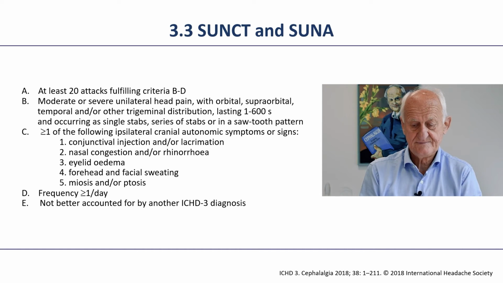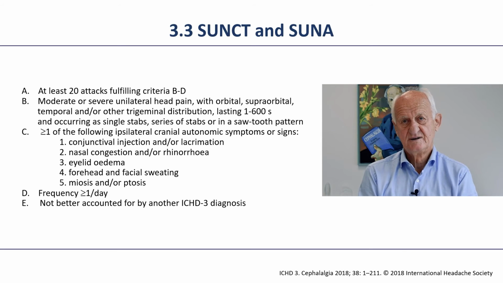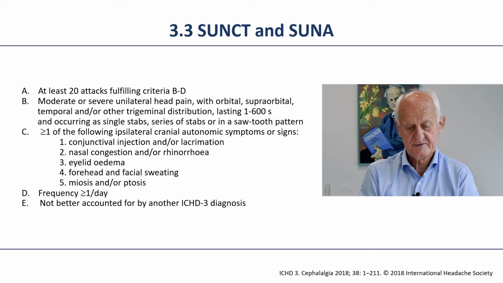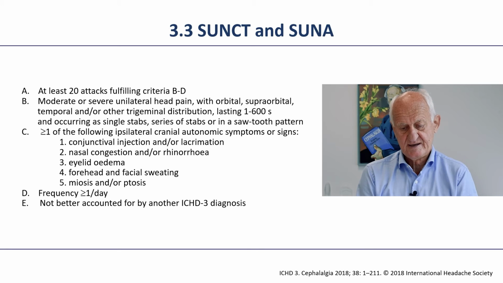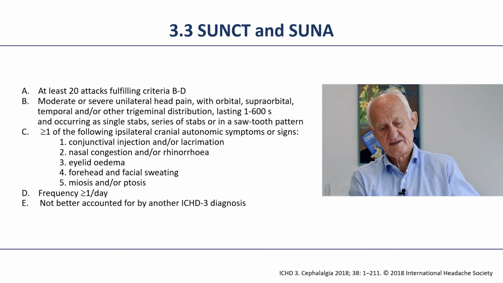But here it's pain like stabs or a sawtooth pattern, which is different from the pain in the paroxysmal hemicranias. Otherwise, they have the same autonomic symptoms. Some people like to distinguish SUNCT and SUNA. Some people believe that they are just more or less the same. The SUNA criteria include actually the SUNCT patients, but they are still distinguished in the headache classification.